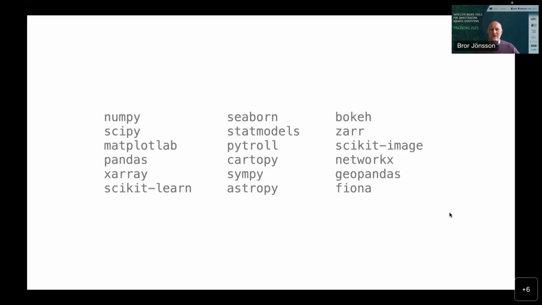SciPy is the one where you have statistical algorithms and ways of doing interpolations and a bunch of stuff like that, higher order things. Matplotlib is the big plotting package, which is horrible, but it's one of those plotting packages that takes a long time to learn, but once you've learned it, you can write code that does exactly what you want.